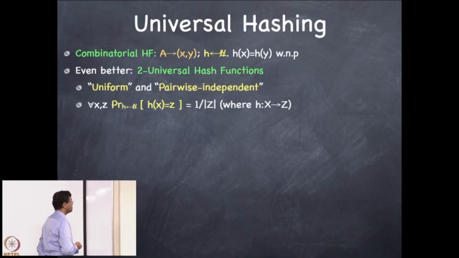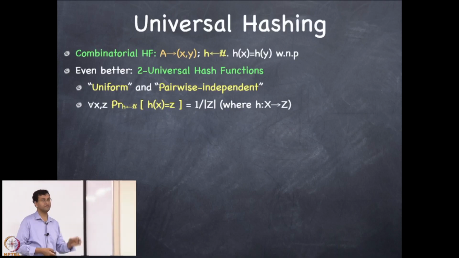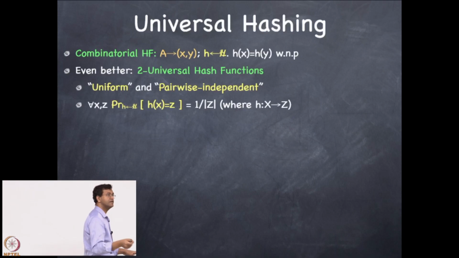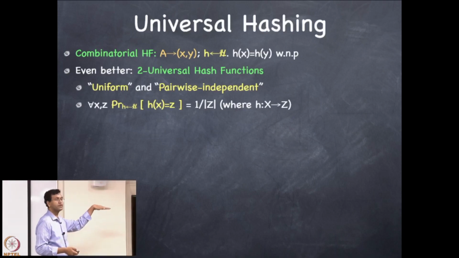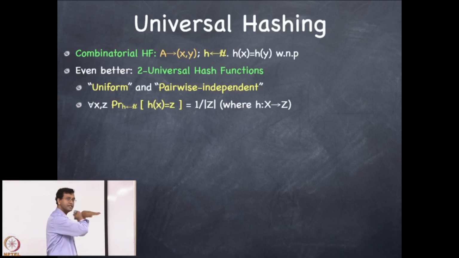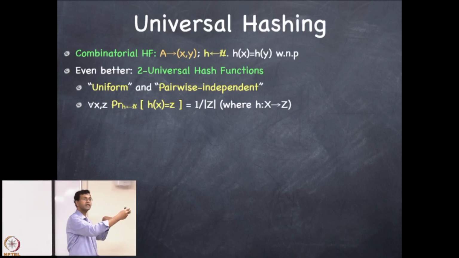So what are these two properties? Uniform just means if I fix any x, and I pick a hash function at random, the output will be uniformly random. Okay? In terms of the table we had in the beginning, picking an x is picking a row, picking an h at random is to look at the entire row, and in the entire row you will find every possible value in the range an equal number of times.